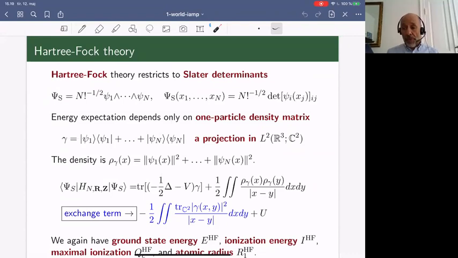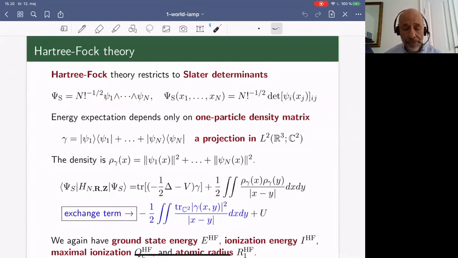But in Hartree-Fock theory, you restrict to Slater determinants. Slater determinants are the ground states for free electron systems, but you don't have a free electron system, but you restrict to the type of wave functions that would minimize free electron systems. So you minimize over Slater determinants. So you have n orbitals psi_1 up to psi_n, orthonormal orbitals in L2, and you form the determinant.